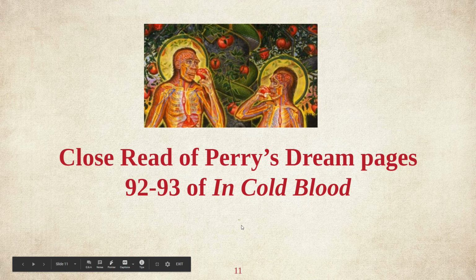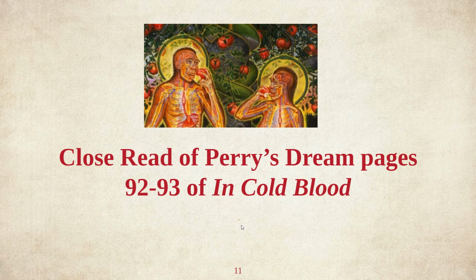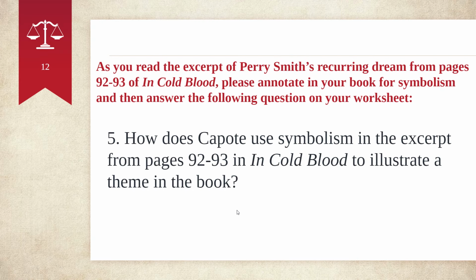All right, so we're going to do a close read of Perry's Dream on pages 92 and 93 of In Cold Blood. So why don't you go ahead and open your books. I want you to annotate as we're doing this close read together, okay? And afterwards you're going to answer the question: how does Capote use symbolism in the excerpt from pages 92 to 93 in In Cold Blood to illustrate a theme in the book?